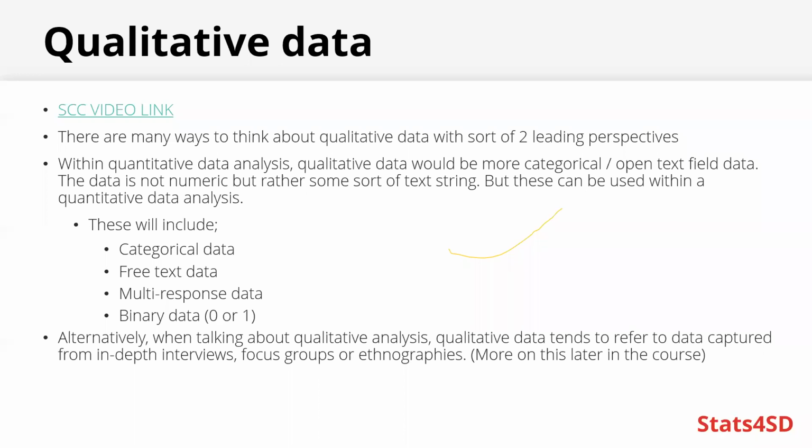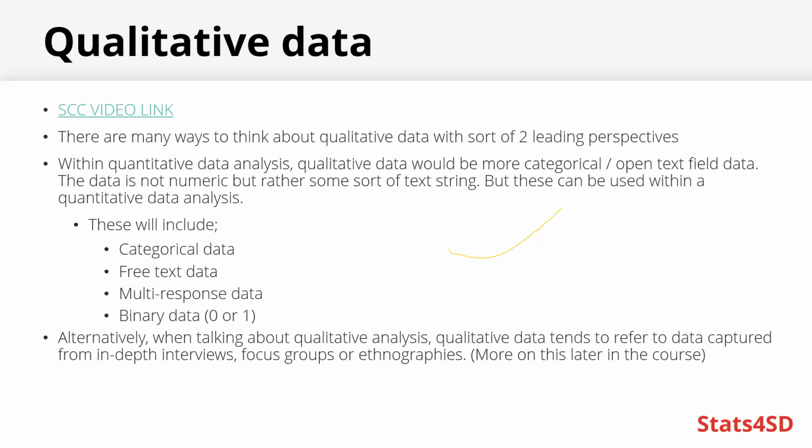When dealing specifically with data sets, we're referring to categorical data. So that's coming from questions such as what is your sex? Free text data, usually something like specify other, where you have no given response and you have to write down whatever it is.